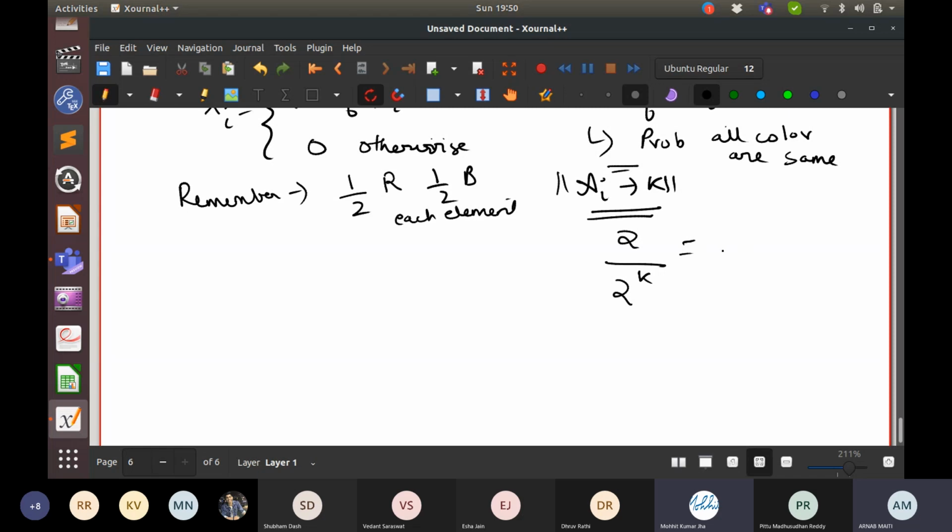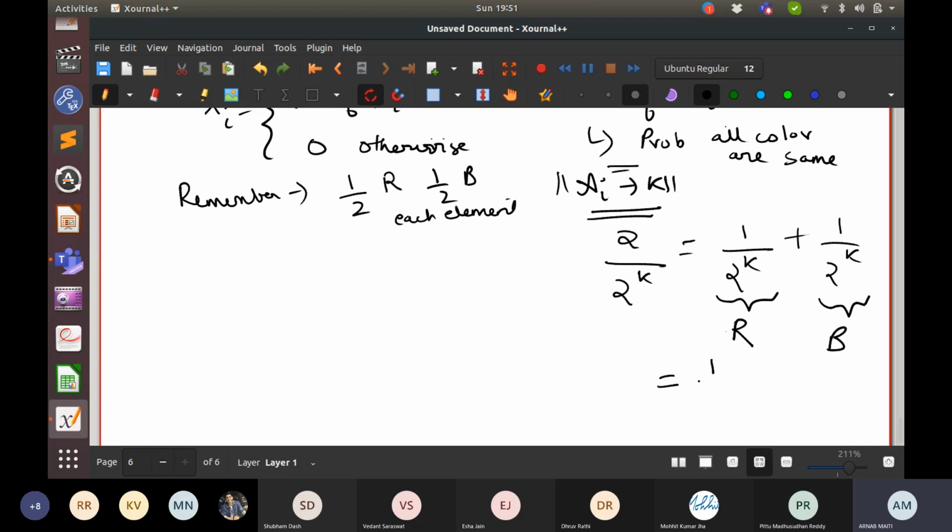Why? Because 1 by 2 to the power k we get from red, and 1 by 2 to the power k we get from blue. This is the probability that each element is colored with red, and this is the probability that each element is colored with blue.